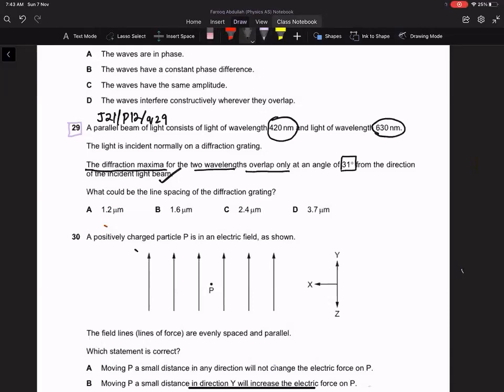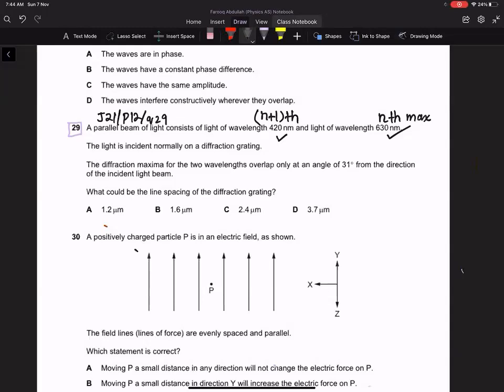If we think them to be consecutive, then for example, if it was nth maximum for 630, then n plus 1th maximum for 420. Reason being, 630 is a longer wavelength, it will spread more, and 420 being shorter wavelength will spread less.